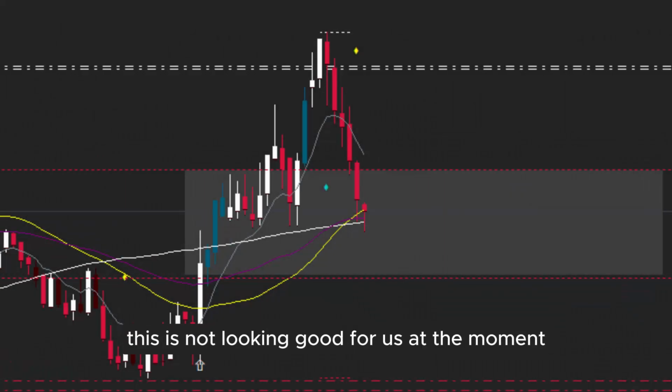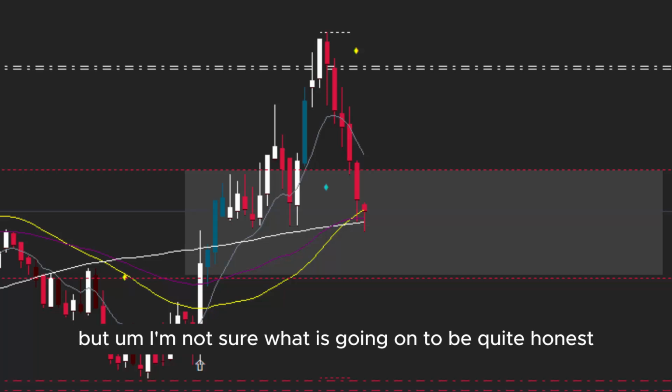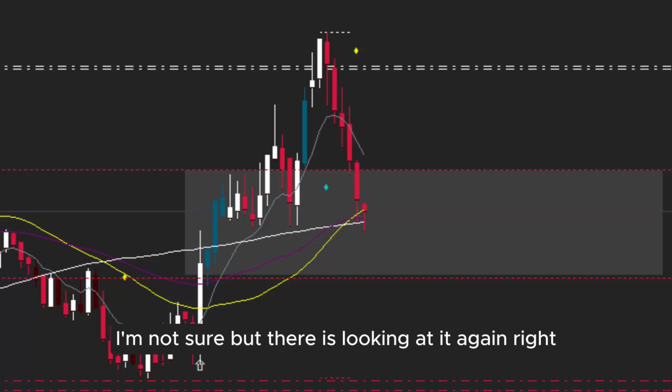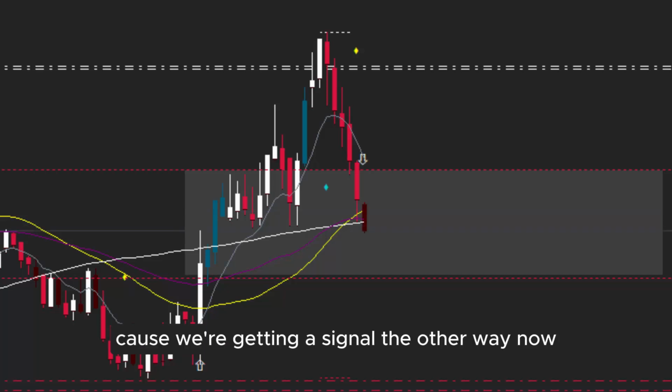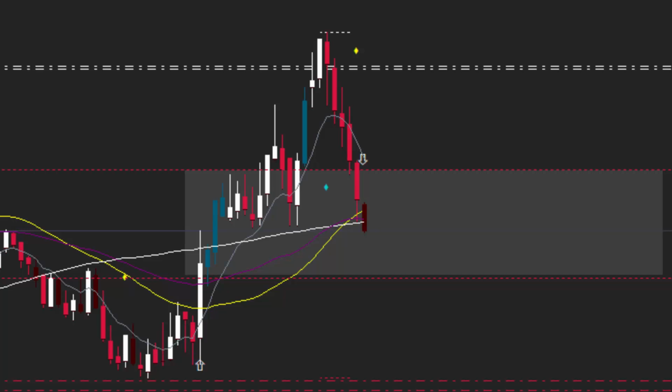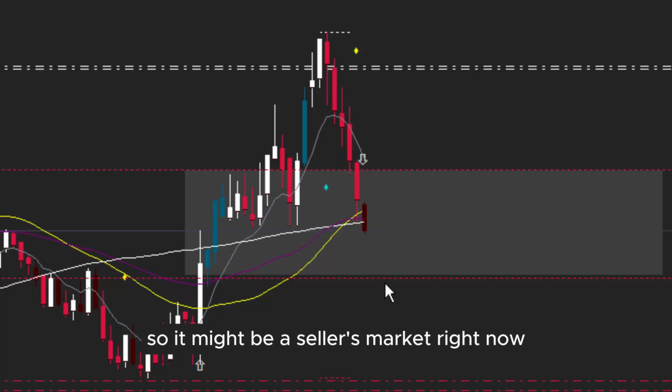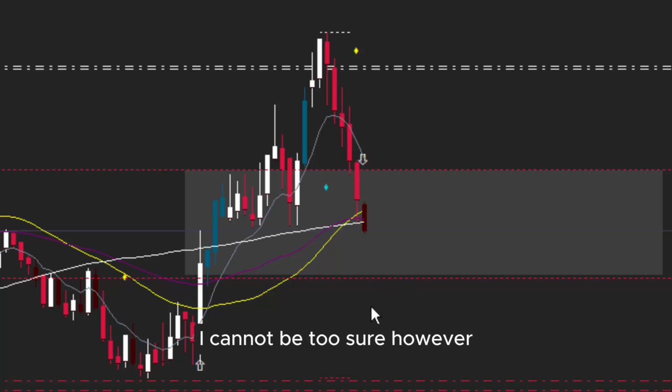This is not looking good for us at the moment, but I'm not sure what is going on, to be quite honest. Looking at it again, we're getting a signal the other way now. We're getting a sell signal. So it might be a seller's market right now. I cannot be too sure.